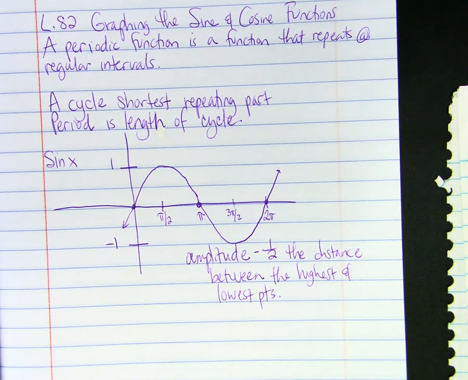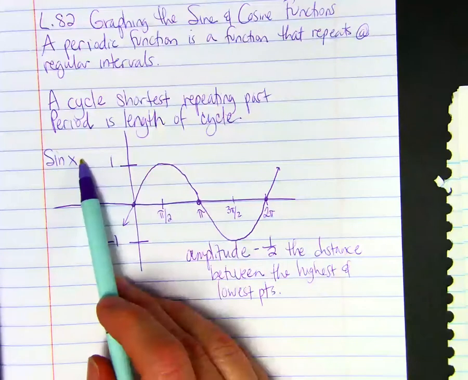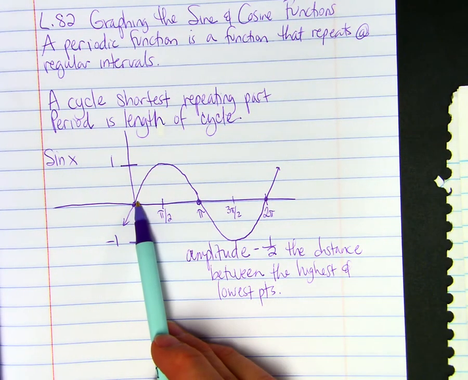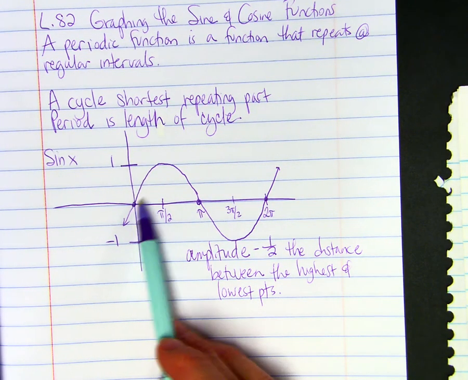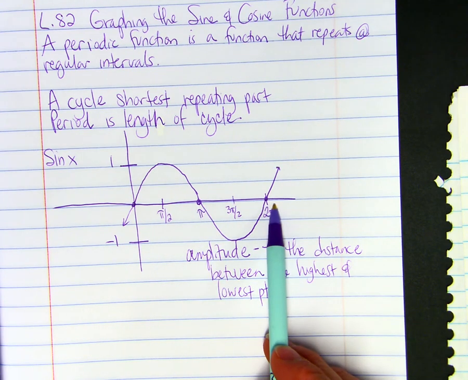Now if you have a unit circle, I closed my book, but on the unit circle, the sine is 0 at 0, 0 at pi, and then again at 2 pi.